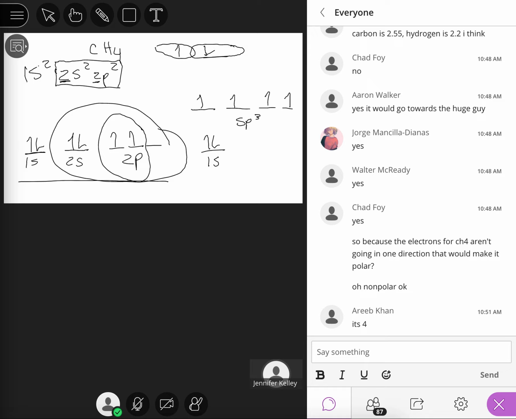What's happening is the s orbital from the carbon is mixing with the p orbitals from the carbon, making a Frankenstein orbital called sp3. Now we have 4 half-filled orbitals, and this explains why carbon will make 4 bonds and doesn't, in fact, make 2 like the Lewis dot structure would predict. So the Lewis dot structure predicts a lot of good stuff, but it doesn't predict everything correctly. So that's why we went to valence bond theory next.